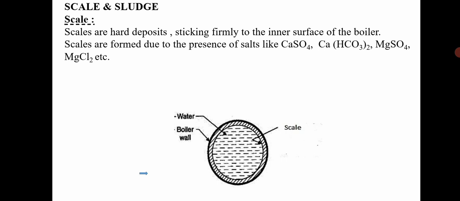Depending upon its appearance, it is termed as scale or sludge. So scale is a hard deposit which forms on the inner surface of the boiler, due to the presence of salts like calcium sulfate, calcium bicarbonate and magnesium sulfate.